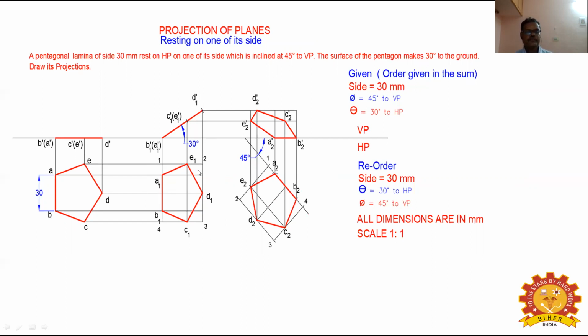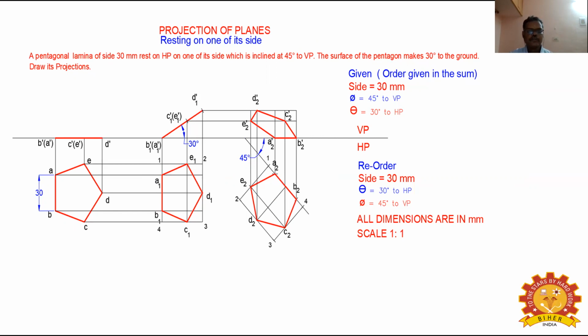Similarly, we have to transfer the points to the third step. We have to draw the pentagon here, but for simplicity, I will mark 1, 2, 3, 4 as an outer rectangle.